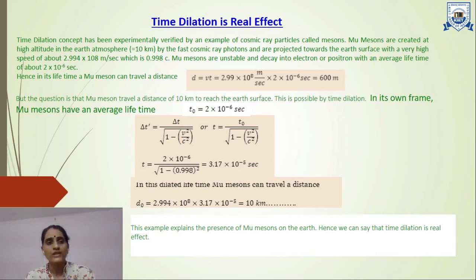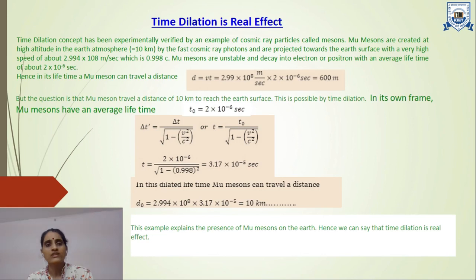So if we calculate the distance that the mu meson has traveled, we can easily calculate it by a simple equation. As we know, velocity is equal to distance upon time, so distance is nothing but velocity times time.